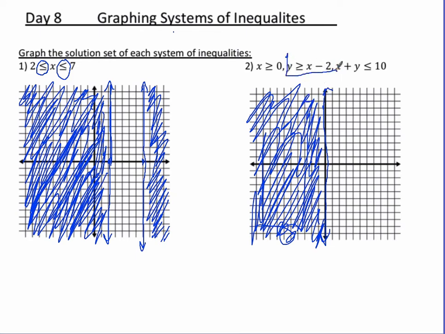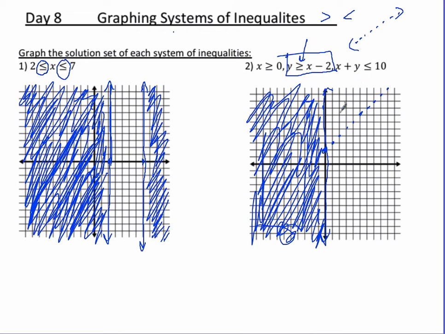And here, this one is like the line y is greater than or equal to x minus 2. So let's graph that. It has a slope of 1. Now I don't have any examples with strictly greater than or less than. If you have that, you have to draw a dashed line.